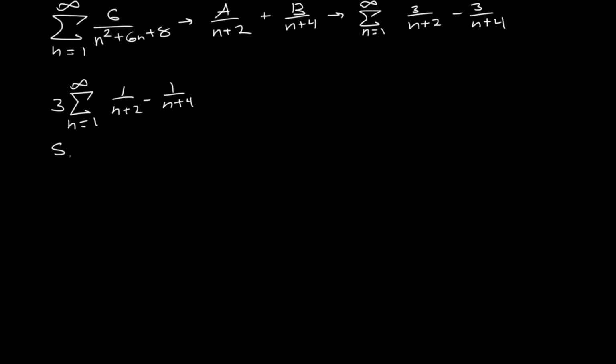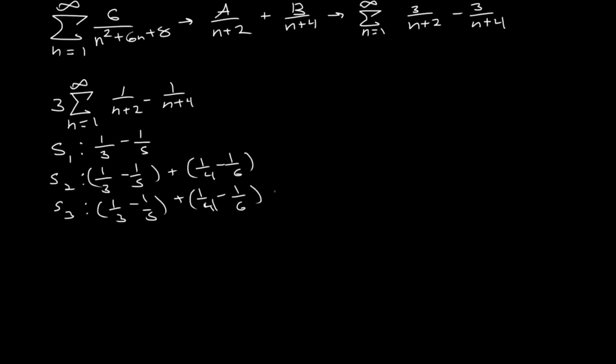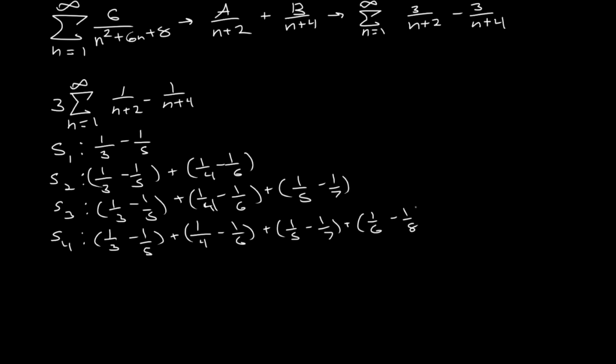So let's do that. S sub 1, plug in a 1 for n, we get 1 divided by 3. Plug in 1 for n over here, we get -1 divided by 5. Okay. So now that I've rewritten everything out, we can begin to cancel things out.